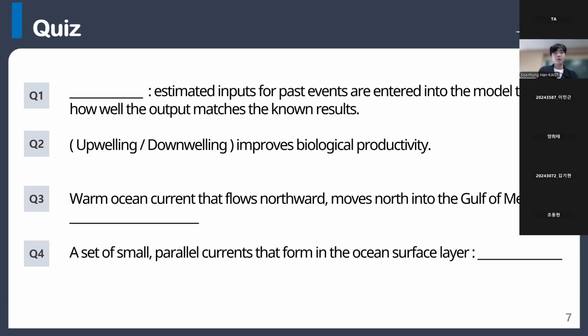And third, a warm ocean current that flows northward into the Gulf of Mexico. Yes, it's a loop current.